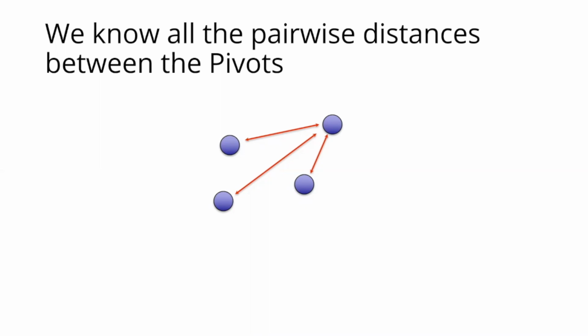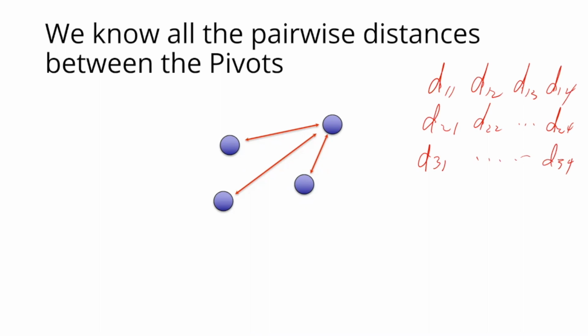So I'm going to have D11, D12, D13, D14, D21, D22, and so on, D24, D31, through D34, D41, through D44. It looks tedious, but it's not a lot because we have only 4 points, right? So by measuring all the pairwise distances between pivots, we have this 4x4 distance matrix describing the pivots.